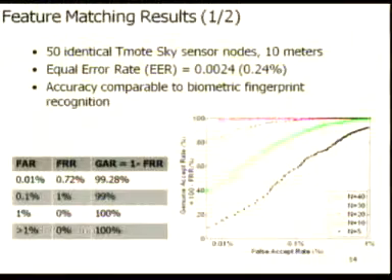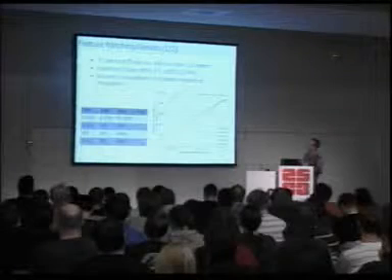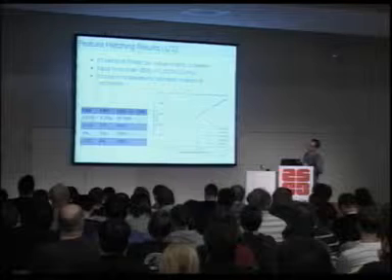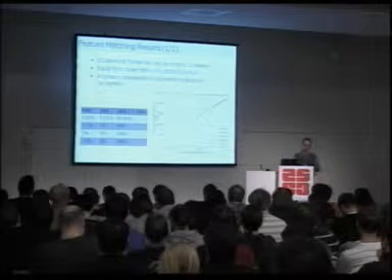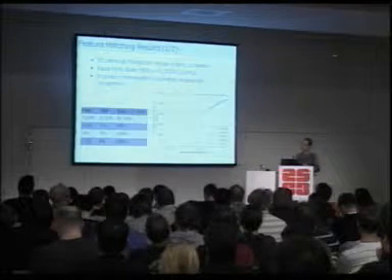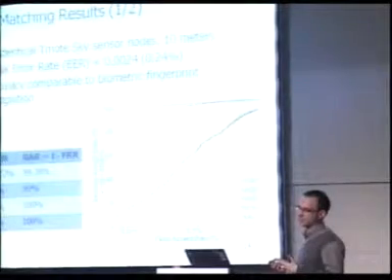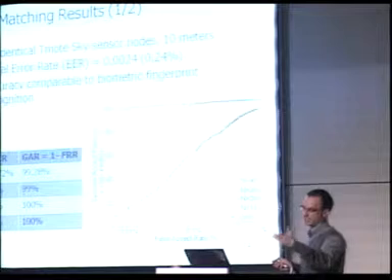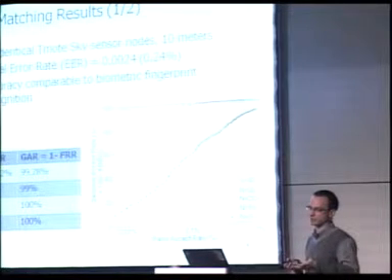After we also trained the system using some pattern recognition classifiers, for 50 identical sensor nodes we are able to have a recognition accuracy of almost 99 or 100%. So in 99% of the cases, we are able to say if it's node number 1 or node number 50 or 49 or whatsoever that is transmitting at that moment.